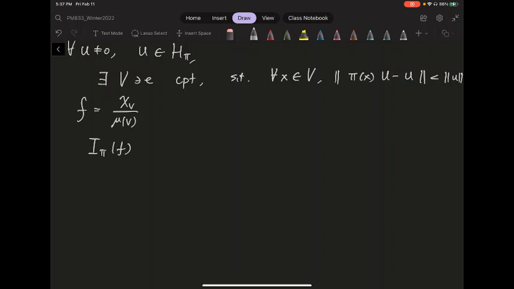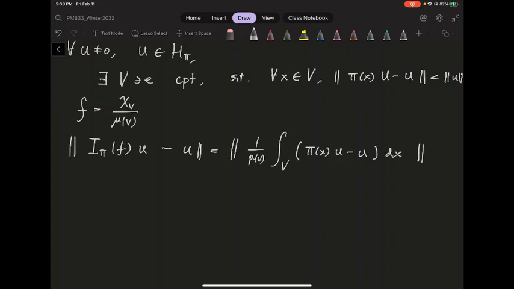On this V, pi of x u is bounded away from u, so essentially we want to show that this one is non-zero. If I consider the difference, it is going to be equal to the integral of 1 over mu of V, integrated over V of pi of x of u minus u, dx.